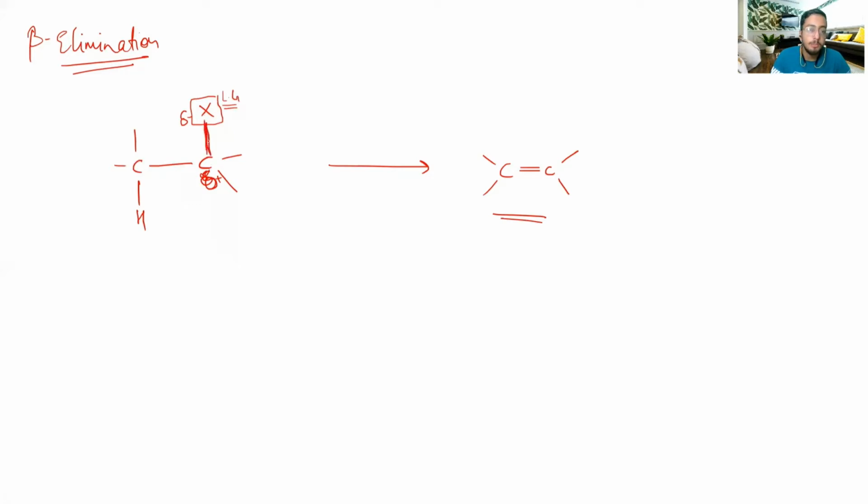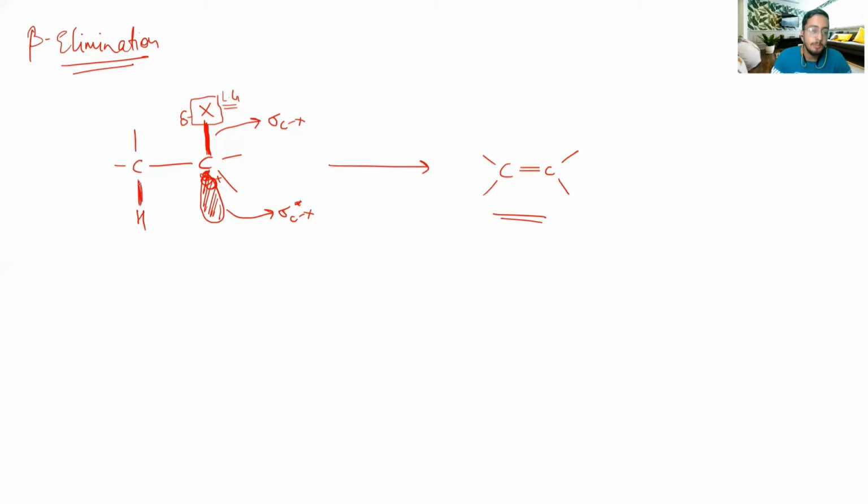So this is the bonding orbital of the CX bond, and the corresponding anti-bonding will lie towards carbon, and this is the sigma star of the CX bond. This is the anti-bonding because carbon is more electropositive as compared to X. Therefore, the anti-bonding orbital lies toward the carbon.